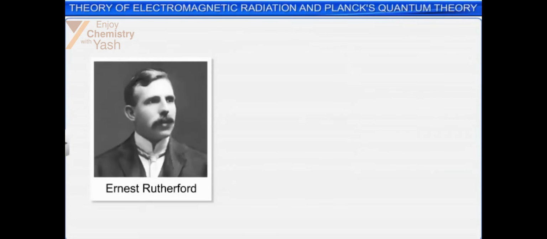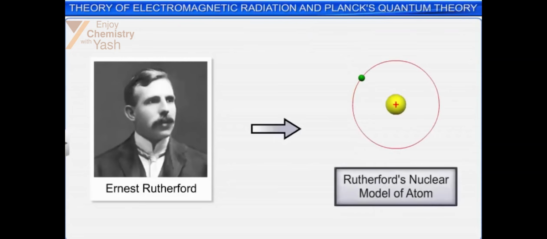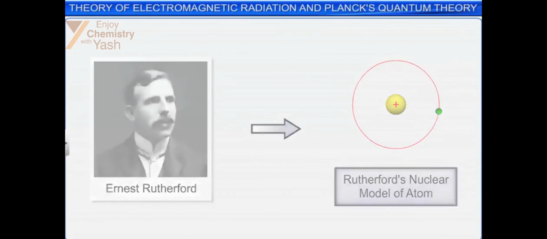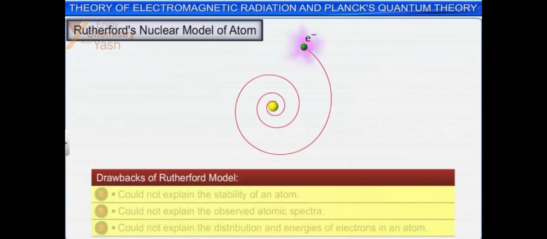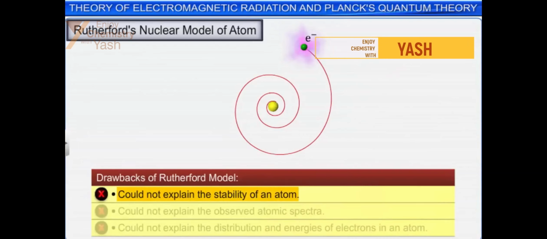We have already learned that Rutherford's nuclear model of an atom basically suffers from major drawbacks, which are as follows. Firstly, it couldn't explain the stability of an atom in view of the electromagnetic theory.